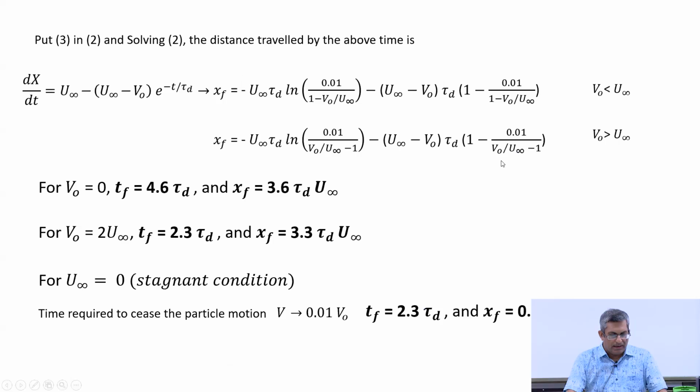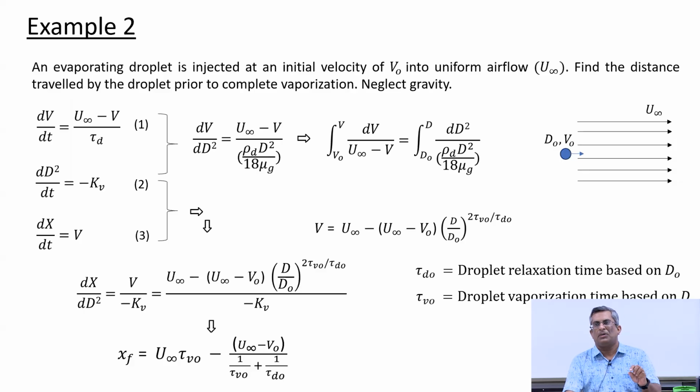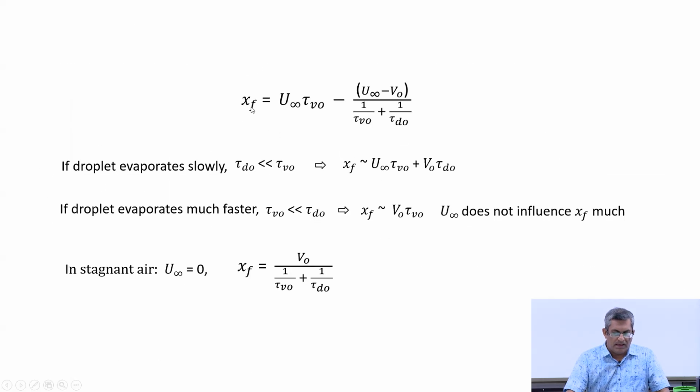Then we considered the same problem, but when the particle is evaporating. In this case, additionally, we have to consider the mass conservation equation, or here we are using the d square law model. By solving the equations, we could get how velocity varies with particle size, and then how the distance would vary with particle size.